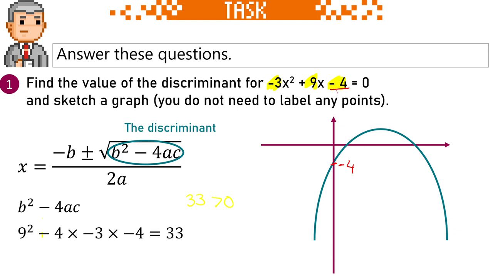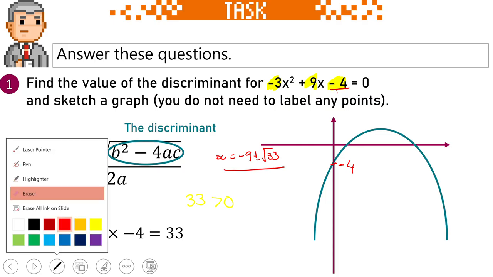So that means I've got x is equal to negative b, so negative 9, plus or minus square root 33 over 2 times a. Oops, I wrote it down wrong, so I'm just going to restart that.